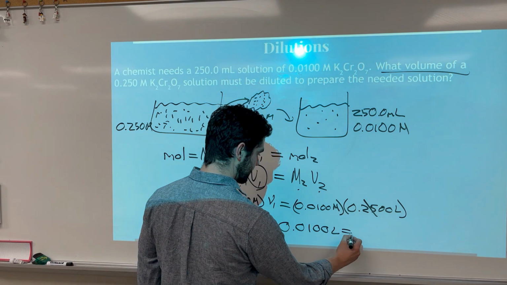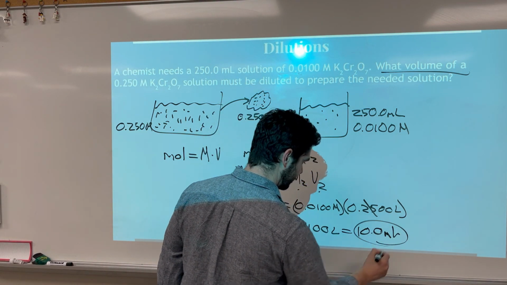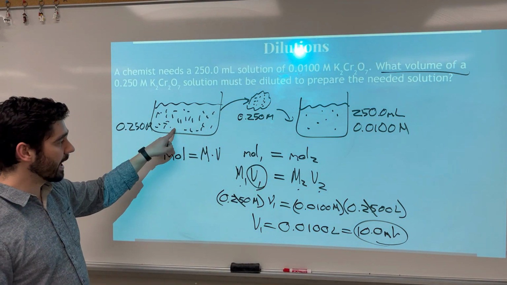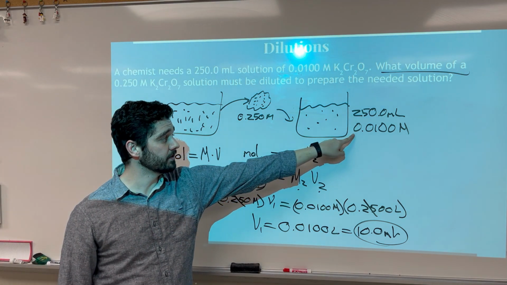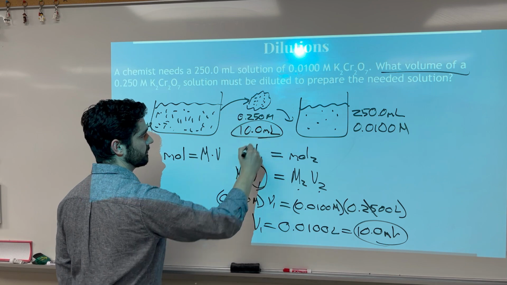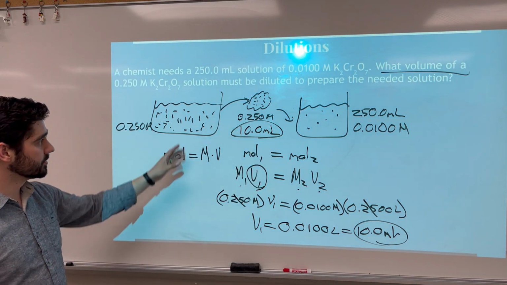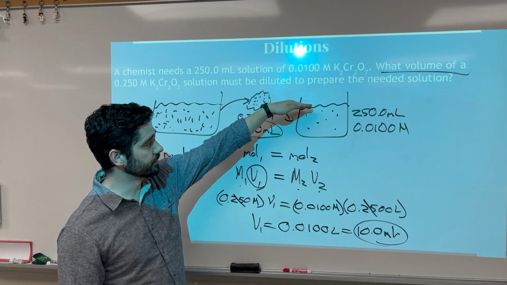And so this translates to 10.0 milliliters. So how much of this stock solution do I need to dilute in order to get this solution? I need 10 milliliters. Okay, so I would take my stock solution, pour out 10 milliliters, dilute it with water to 250, and then I know the concentration.